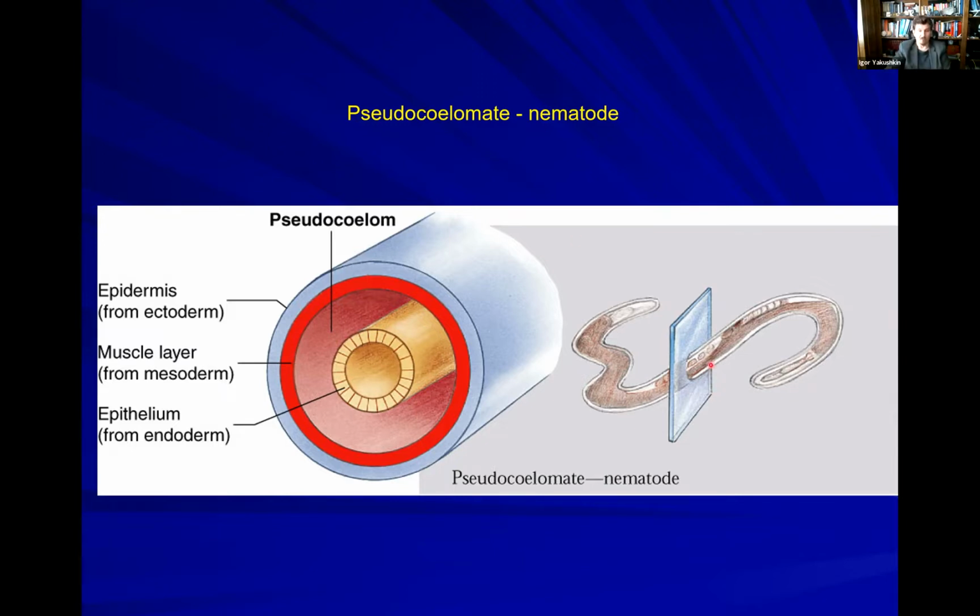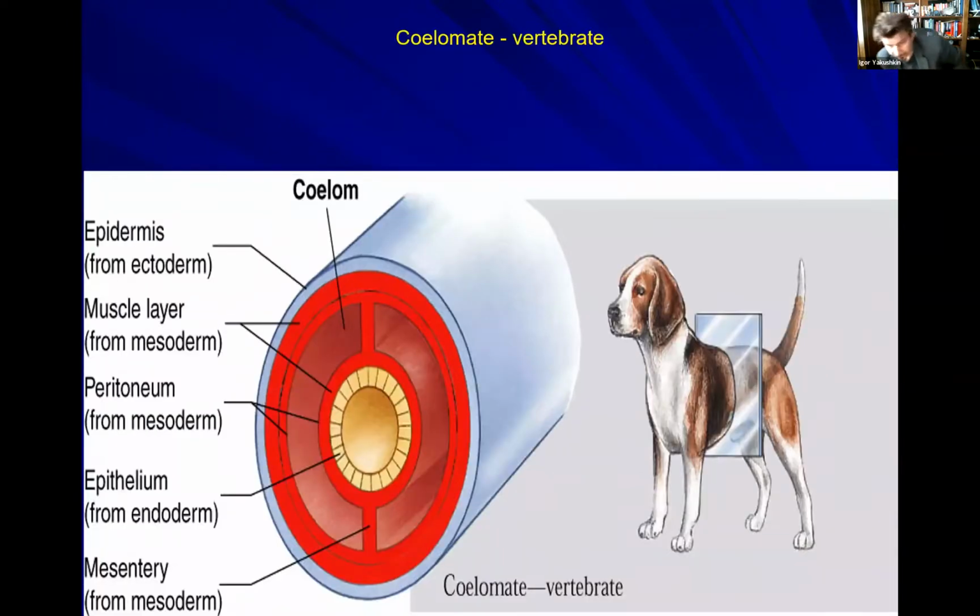Example, roundworms, nematodes. And then finally, a vertebrate, for example, or arthropods, the true coelomates. They have a true body cavity, which means what exactly? Look where the body cavity is located. We have the ectoderm and the mesoderm. The red is the same. But now the body cavity is located within the mesoderm.